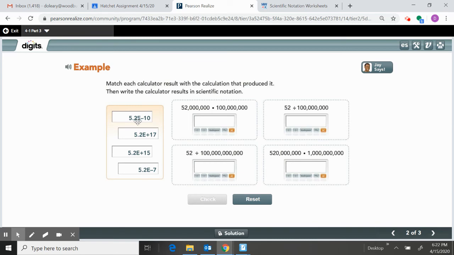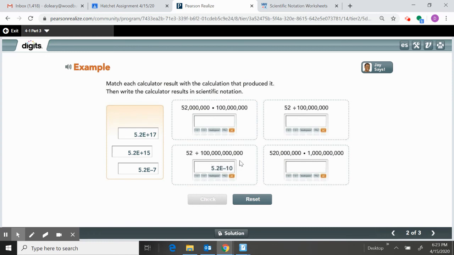So I'm just going to take this one, 5.2 E negative 10, which would be 5.2. Remember, E is 10 to the power, 10 to the negative 10 power. So let's see which that looks like. I'm going to think maybe that it is one of my division ones. I'm going to think that it is this one.